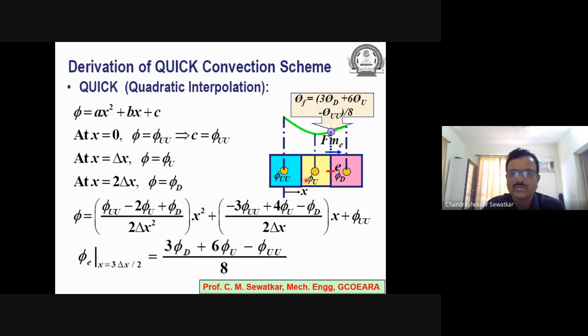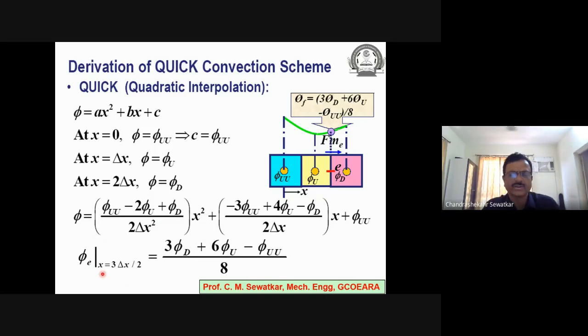And then I have other two conditions now. At x equal to delta x, phi is phi u, and at x equal to 2 delta x, phi is equal to phi d. If I use these two conditions, I obtain the values for a and b. So this is the value of a, this is the value of b. And now I want to find out the value of phi e, which is at a distance of delta x plus half delta x, that is 3 by 2 delta x.